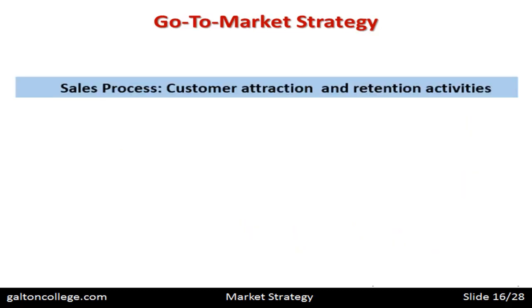The sales process, customer attraction and retention activities. Well, first of all, lead generation. It depends on the price of the product and the importance of the product. If it's an expensive item, then there may be lead generation. In other words, they look to see who are likely to purchase the product.